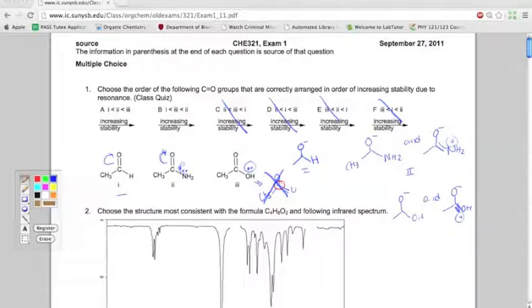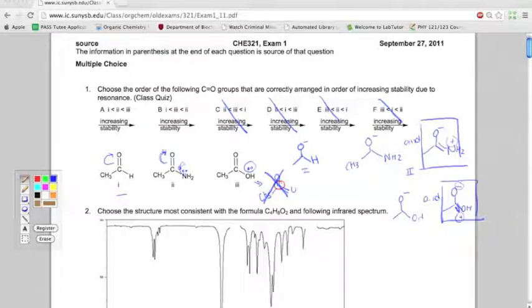Now, if we look here and here, we will see that we have formal charges. In this top one, we have a formal charge of positive on the nitrogen, and in the bottom one we have a formal charge of positive on the oxygen.